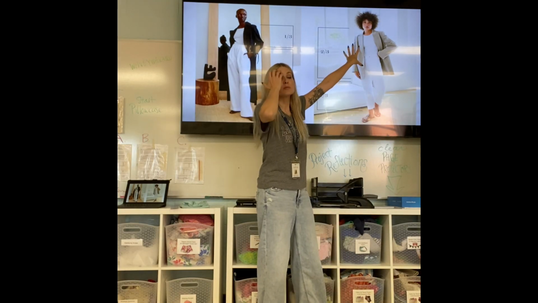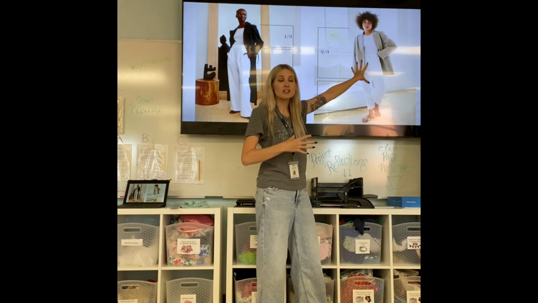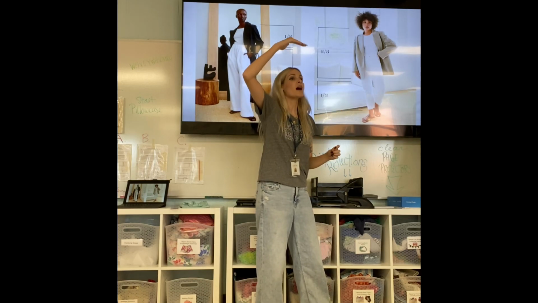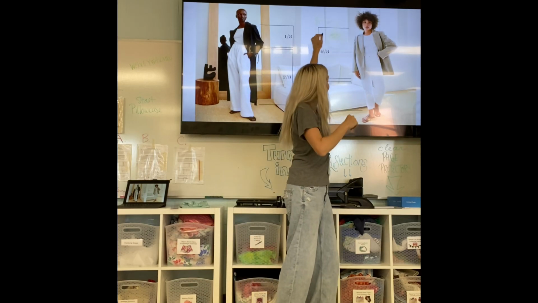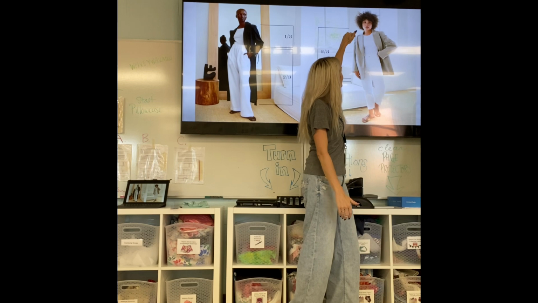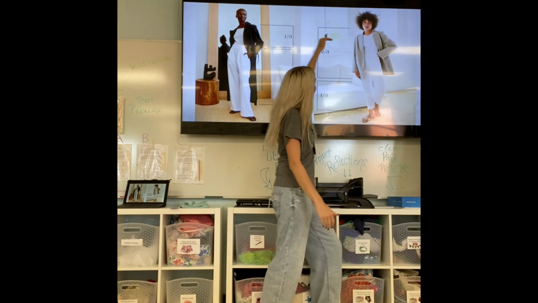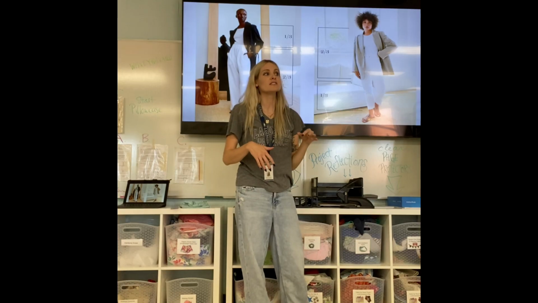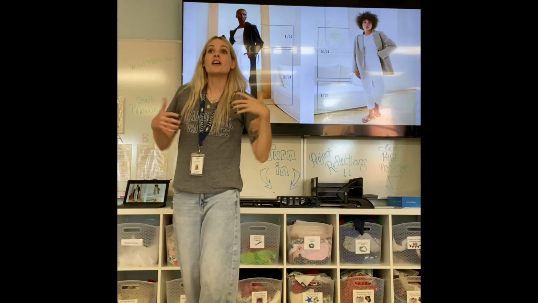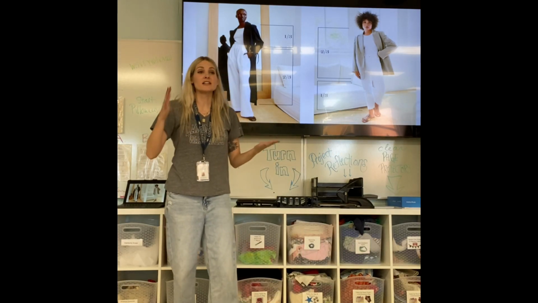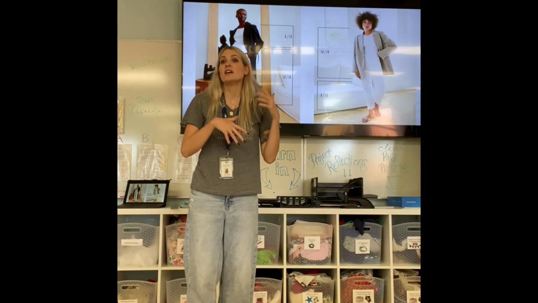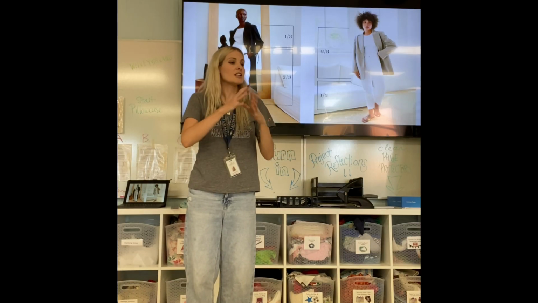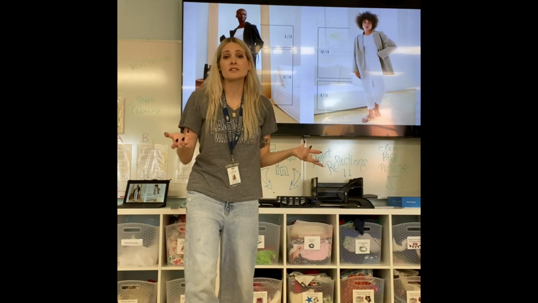This girl has a little bit more of a visually obvious hairstyle, which pulls the proportion up. So your eye doesn't start here like it does over here. Your eye goes up because her hairstyle is now included in the proportions. That's another big thing with proportions when you're styling: shoes and hair can really change the proportions of your look.